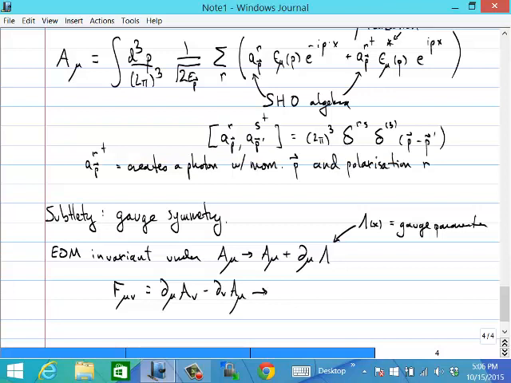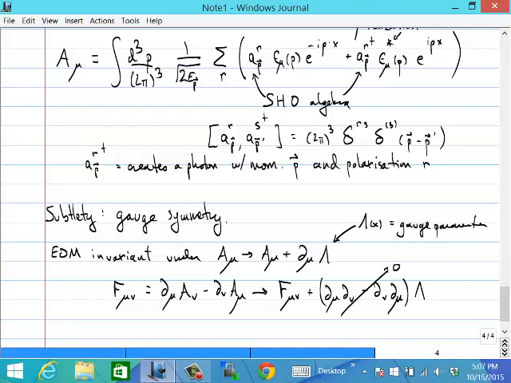How does that transform under a gauge transformation? Well, it picks up an extra term, which is d_mu d_nu lambda minus d_nu d_mu lambda, which, by the equality of mixed partial derivatives, is equal to 0. So the electric and magnetic fields don't change under a gauge transformation.